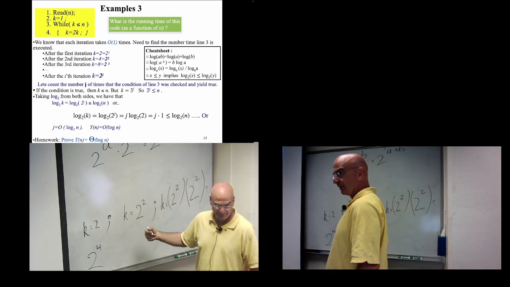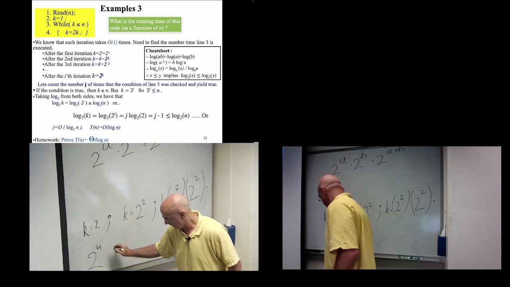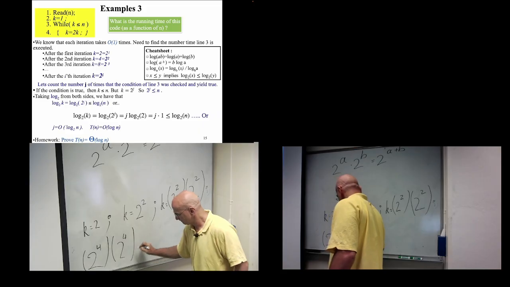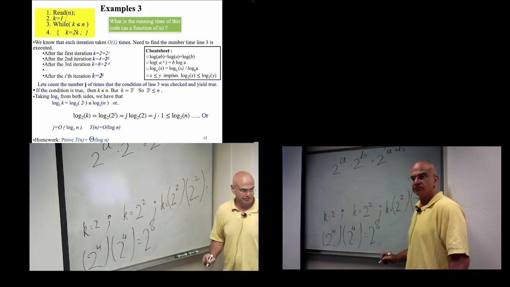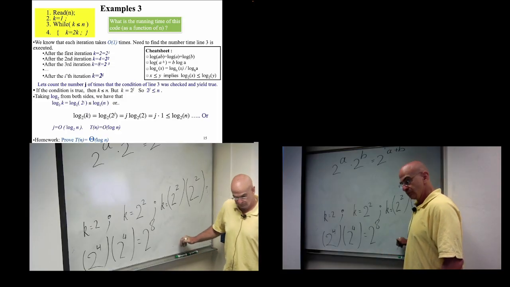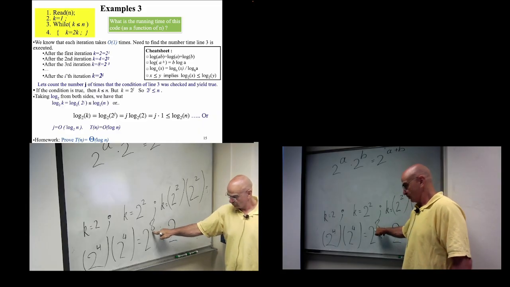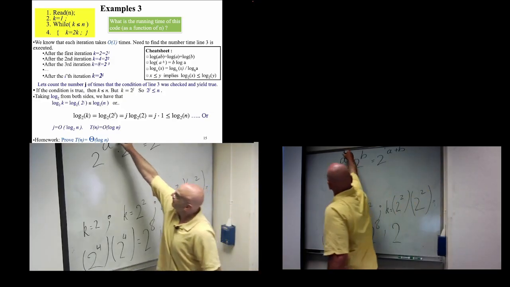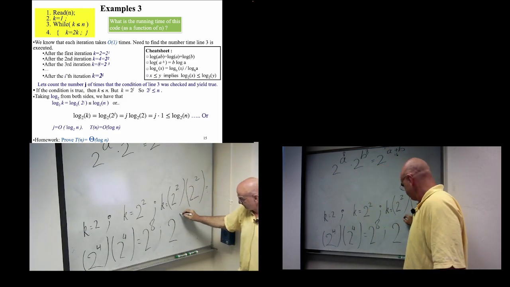Let's move another iteration. What happened to the next k? It will be 2 to the 4 times 2 to the 4. Okay, and in the next iteration it will be 2 to the 8, 2 to the 8 plus 8, making it 16.